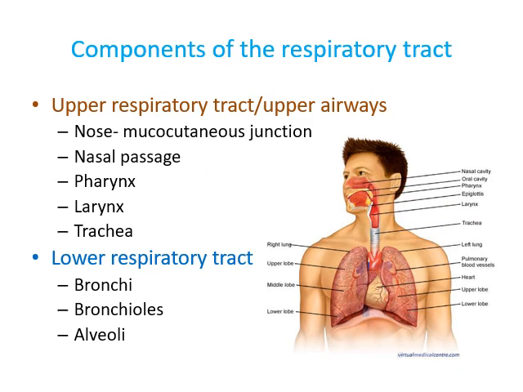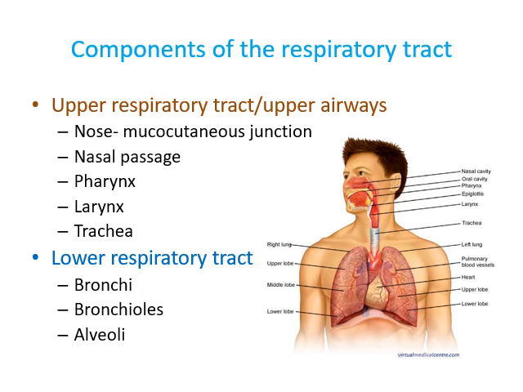Now if you look at the component parts of the respiratory tract, we generally tend to divide it into two parts: the upper respiratory tract or the upper airways, which consists of the nose, where you have the mucocutaneous junction. If you examine your own nose, you should be able to see that.